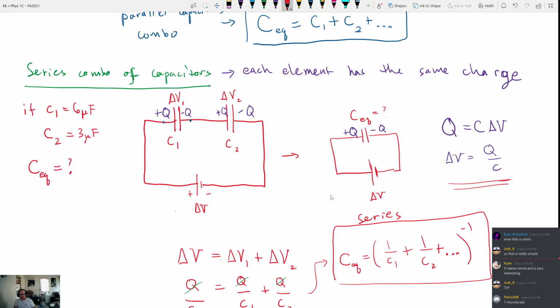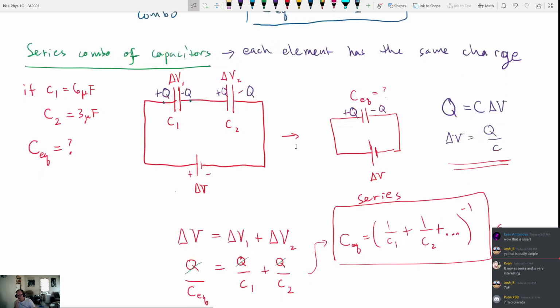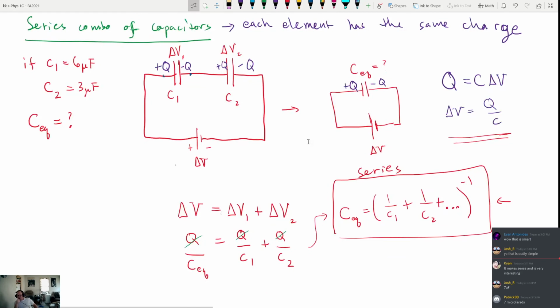Can you all use that equation and tell me what you get? Feel free to go ahead and type the answer as soon as you get it.